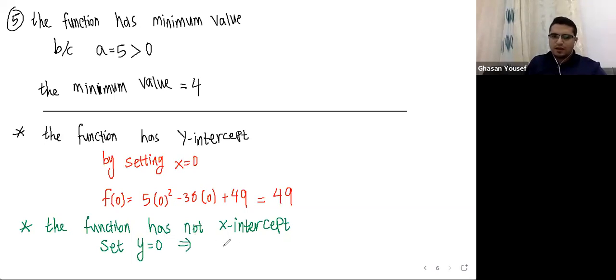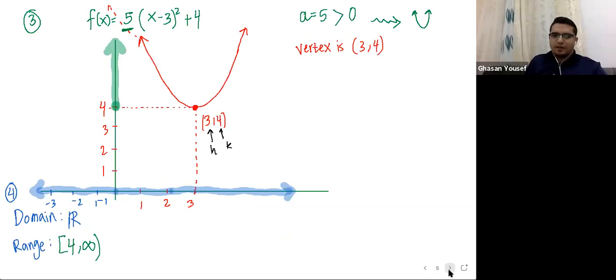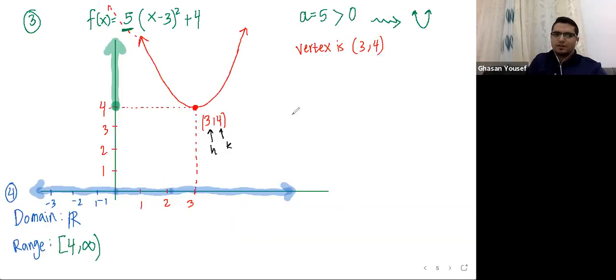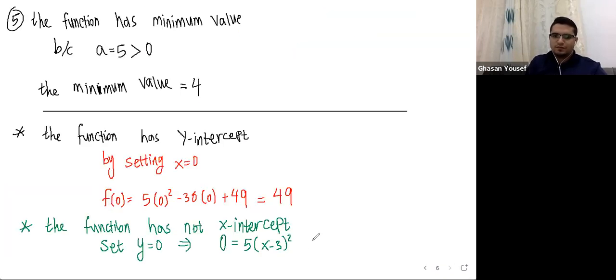So 0 equals 5 times (x minus 3) squared plus 4. Now, what should we do here? How can we solve it? I need the value for x. What should we do?